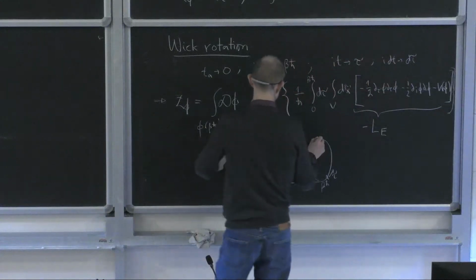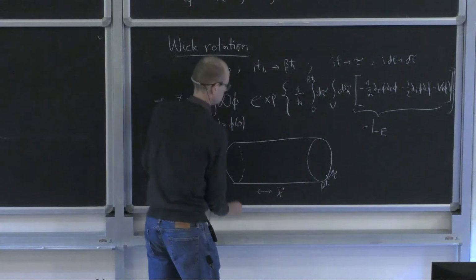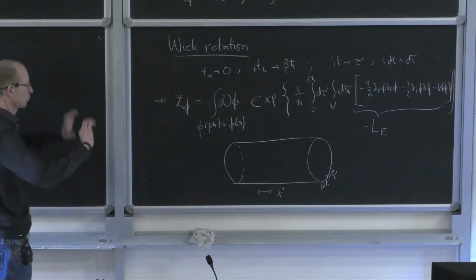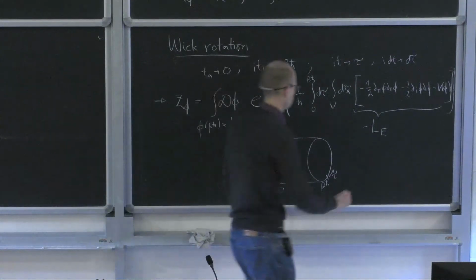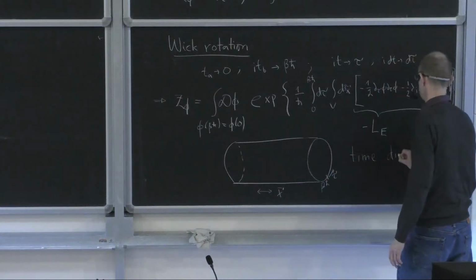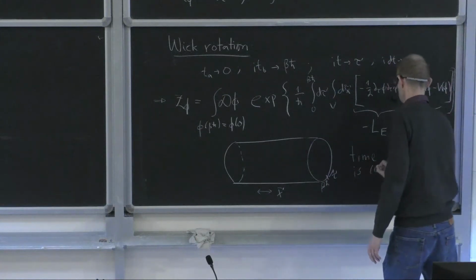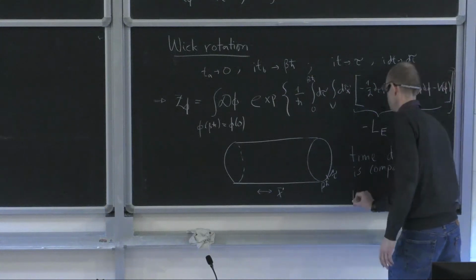And so then it's like we are living on a tube, as it were, or on a torus if we go to infinite volume. So the time direction is compact, and not only compact, but periodic.